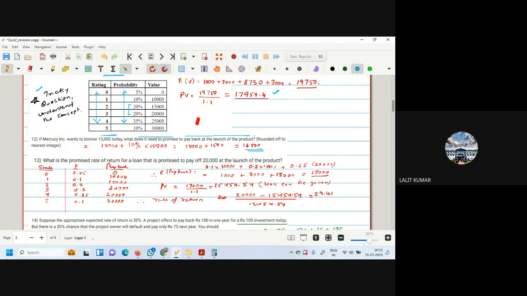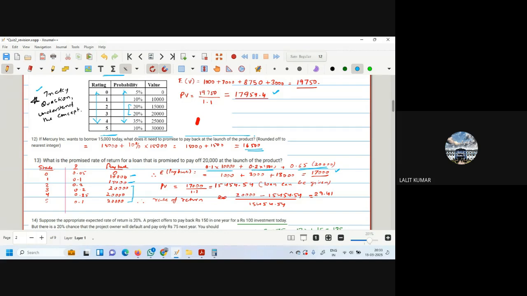If somebody is earning only, the payback is 10,000 with its probability, 0.2 is 15,000, and 0.65 probability is to pay 20,000. When we add this, we get 17,000. So the payback will be 17,000.